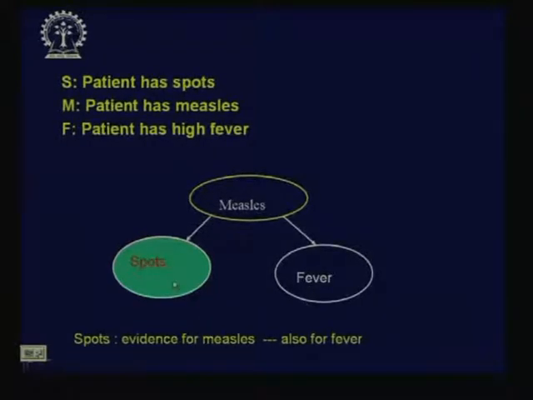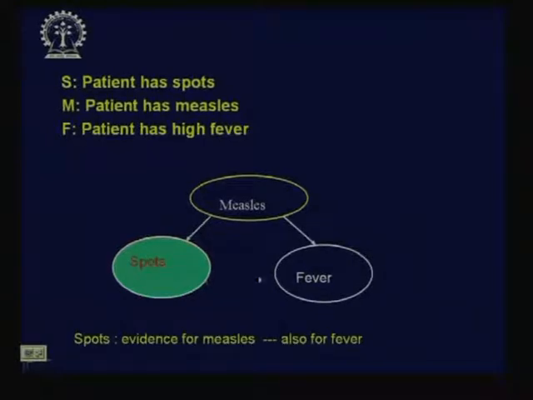Now, suppose I observe the evidence spots. Although spots are an effect of measles, obviously they will serve as evidence for measles, but they will also serve as evidence for fever.